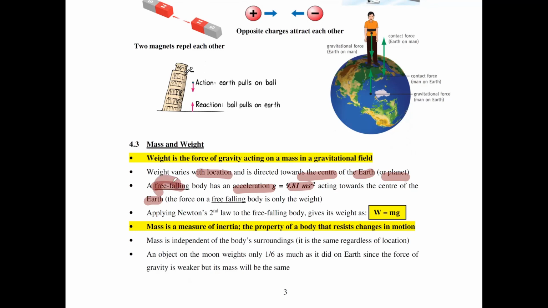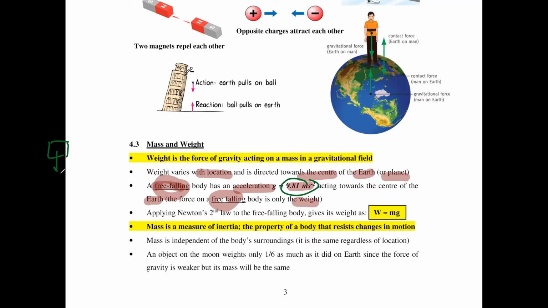When we say a free-falling body, just know that a free-falling body only has the weight acting on it. When we say an object is free-falling, the only force acting is just the weight. So if the only force acting is just the weight, it will always have an acceleration of 9.81 meters per second squared. This one I showed you in the previous chapter.